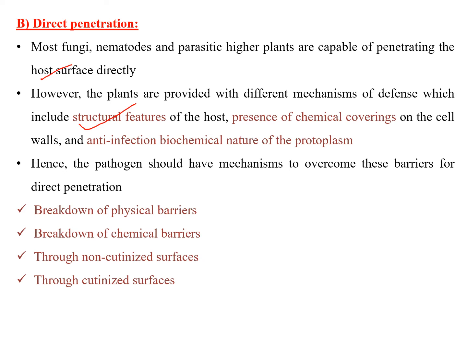Hence the pathogen should have mechanisms to overcome these barriers for direct penetration. So what are the different barriers existing on the host plant? First the pathogen has to break the physical barriers and chemical barriers, or it has to enter through non-cutinized surfaces and through cutinized surfaces.